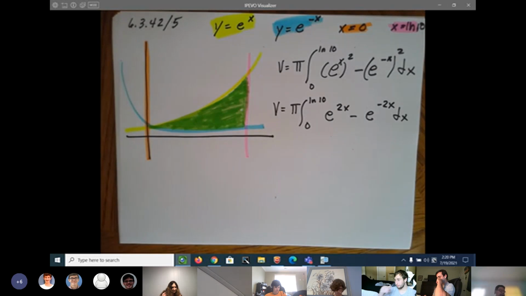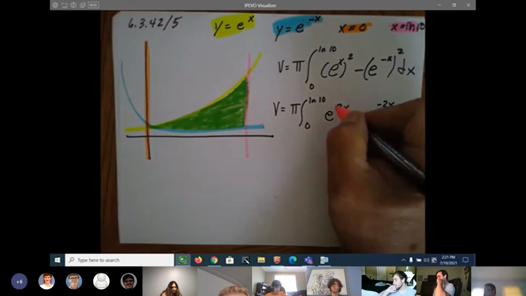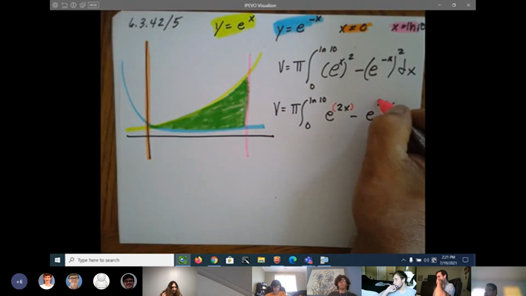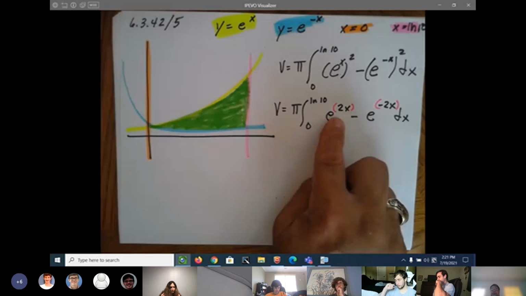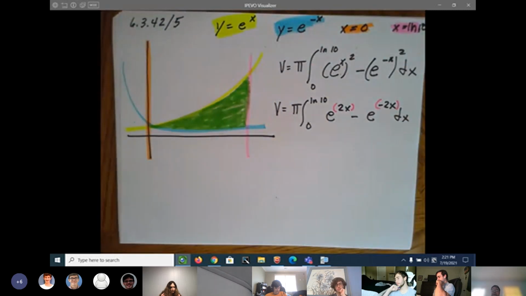And I'm going to take my handy dandy pink highlighter, not pink pen, and I'm just going to remind everybody about those parentheses right there. Just like we did last time we did this problem, I put parentheses around that 2x and that negative 2x.